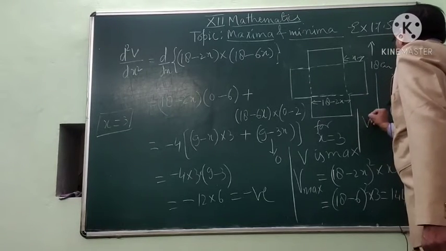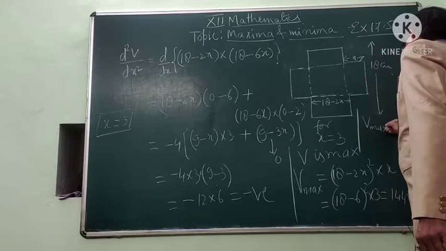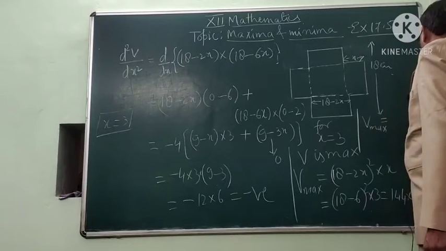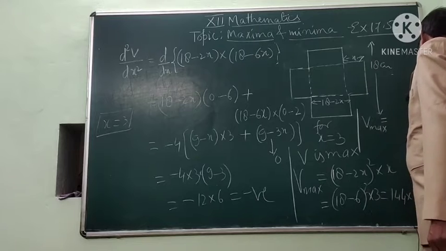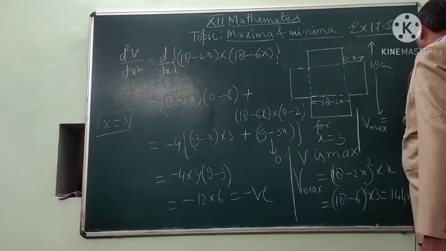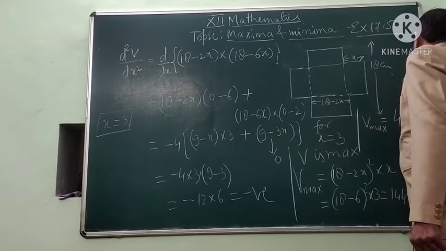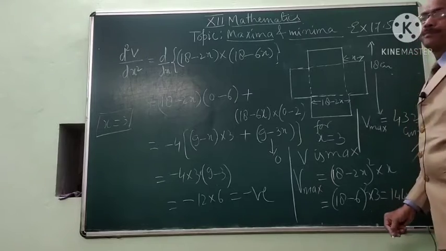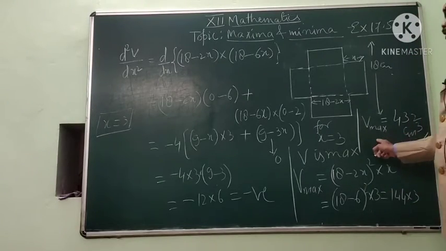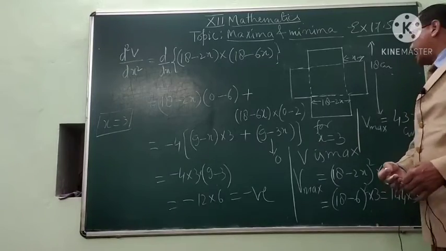So maximum volume is equal to 3 4s are 12, 1 4 3, carry 1, 432 centimeter cube. The maximum volume of the open box will be 432 centimeter cube.